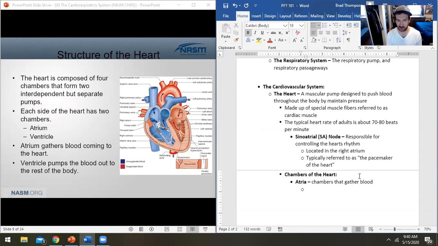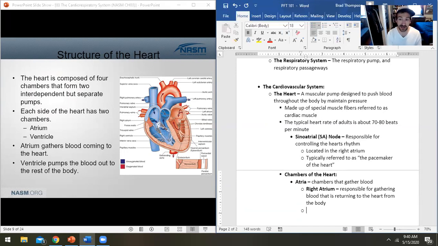You have got your right atrium, which is responsible for gathering blood that is returning to the heart from the body. Okay, so your right atrium gathers blood as it returns back from the body, right?